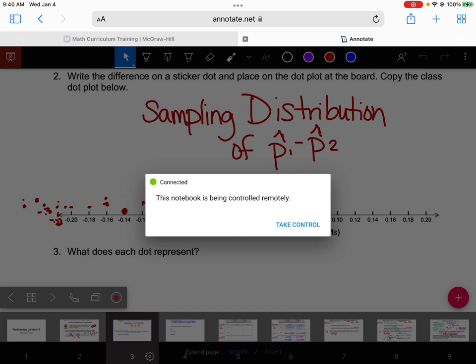So each one of these dots is p hat 1 minus p hat 2.